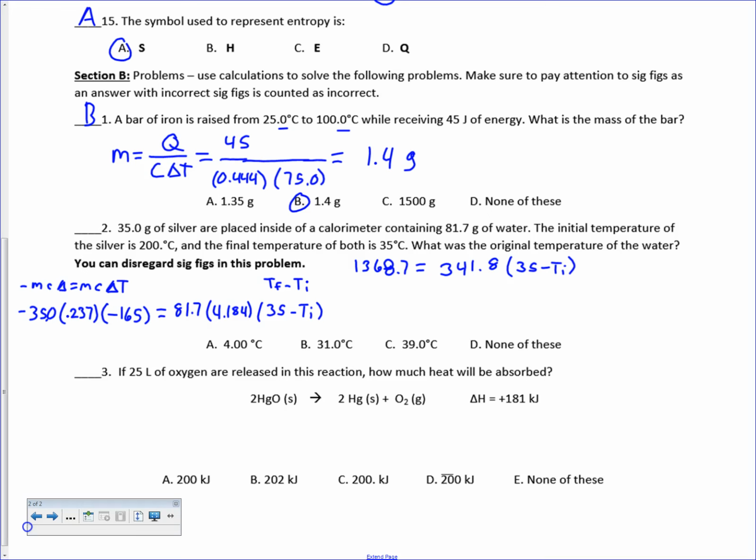Okay, we distribute that 341.8 through to the 35 and the negative Ti, and I get 1368.7 equals 11,963 minus 341.8 Ti. I bring all the Ti's to the left-hand side.